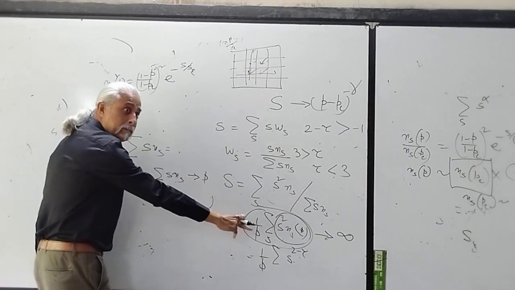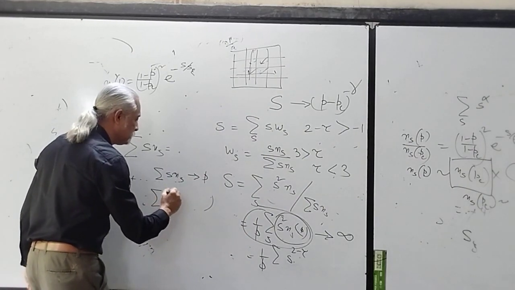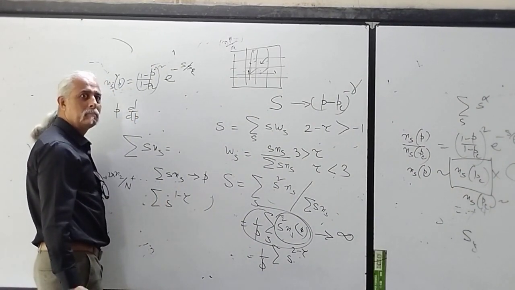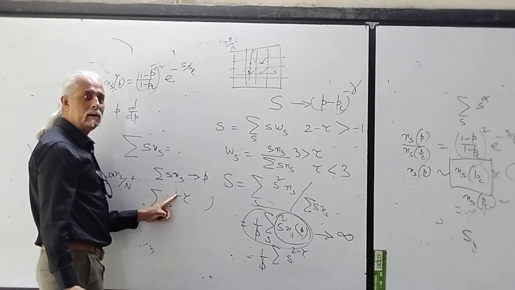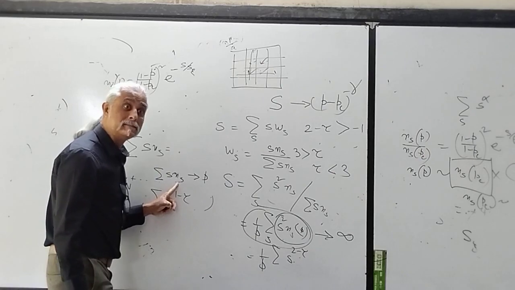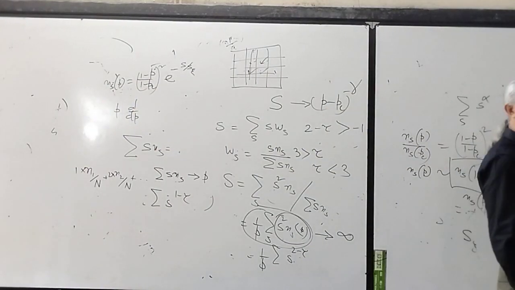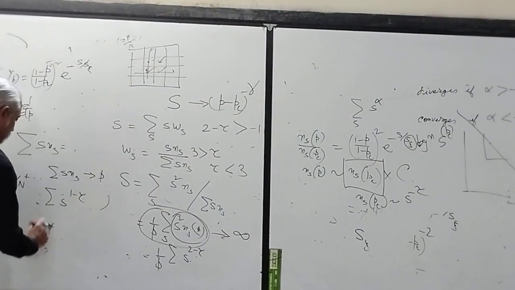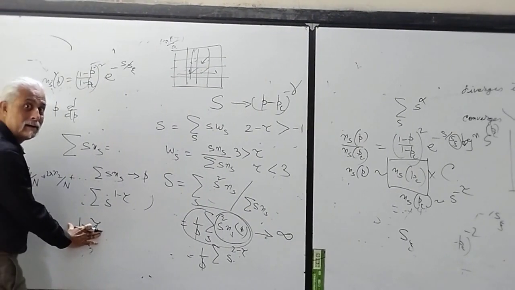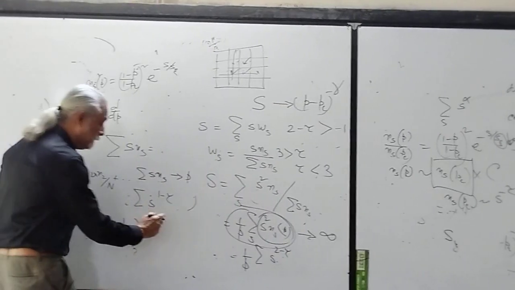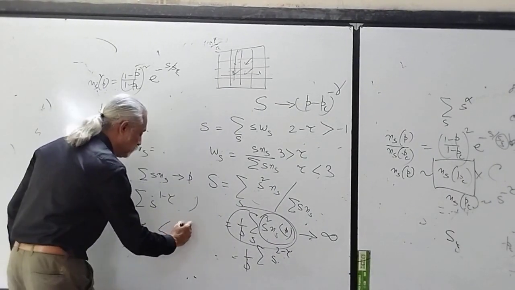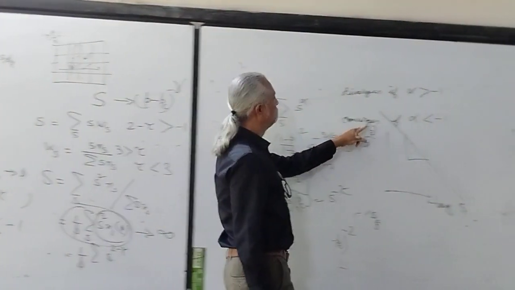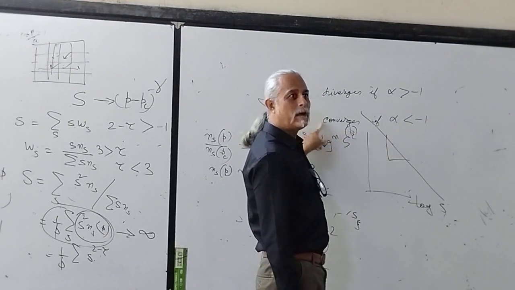And n_s again same argument, যদি বসায়, তাহলে s to the power 1 minus tau, and this one converges, মানে হলো এটা. তাহলে 1 minus tau মানে আমার আলফা কি হতে হবে? লেস দেন -1, according to this. Now I am applying this.